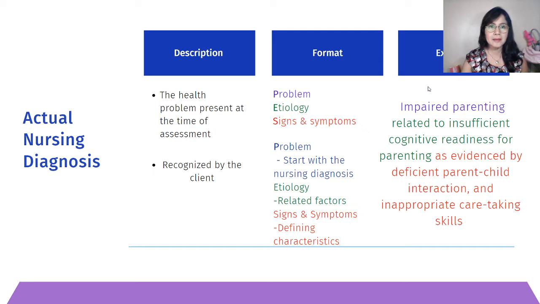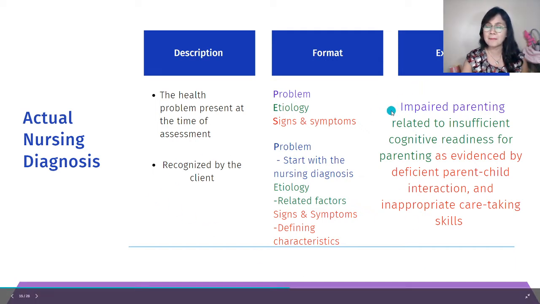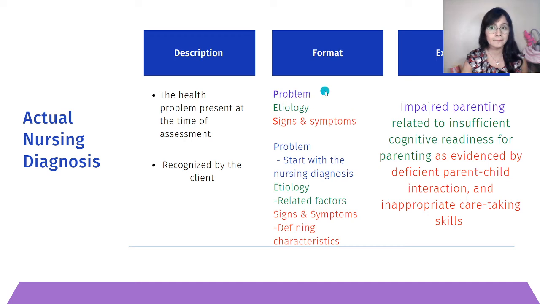It says impaired parenting related to insufficient cognitive readiness for parenting, as evidenced by deficient parent-child interaction and inappropriate caretaking skills. Let's see once again. Impaired parenting refers to the problem. Then you have the etiology. What could be the related factor? Related to insufficient cognitive readiness for parenting.